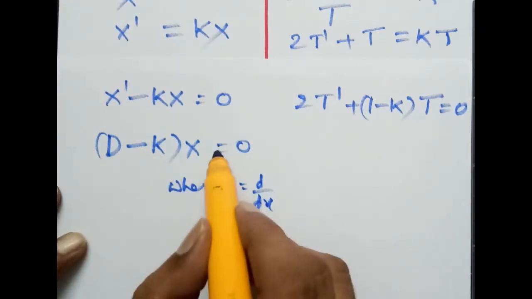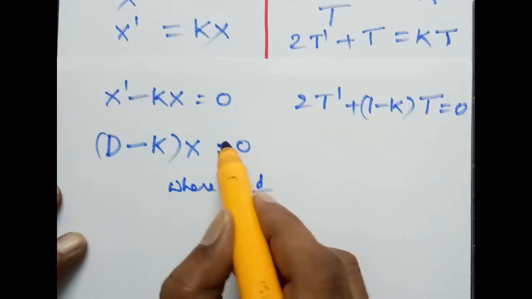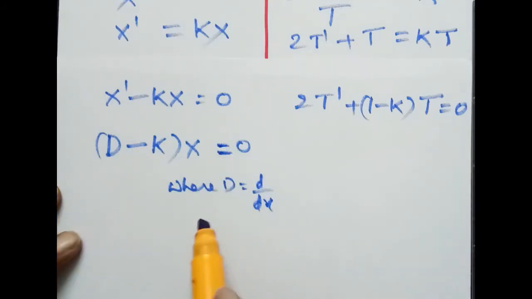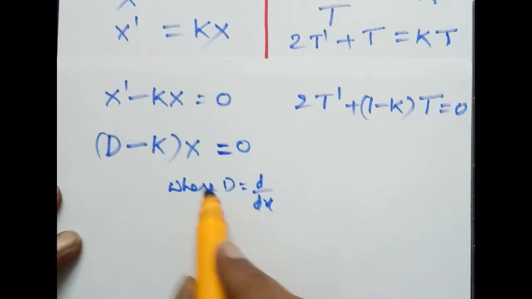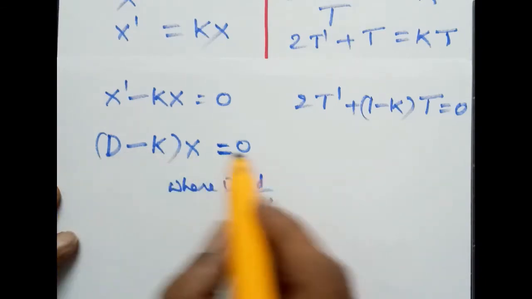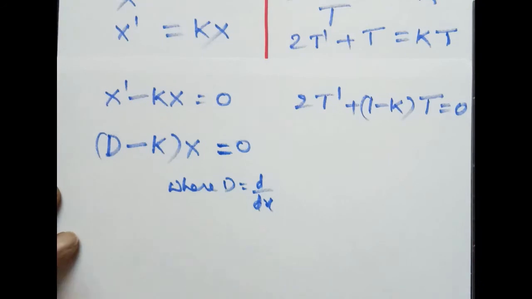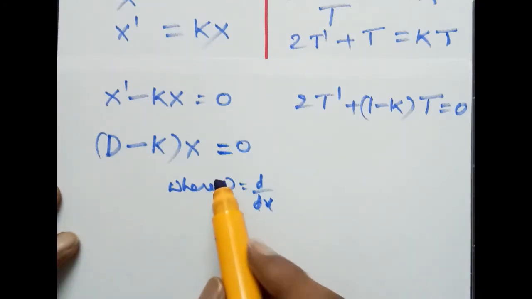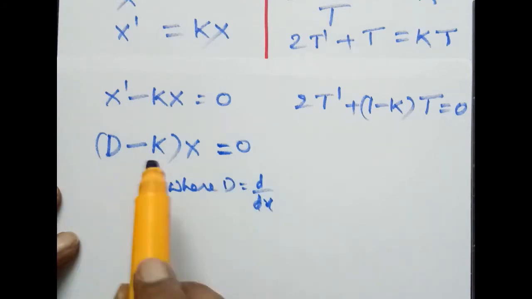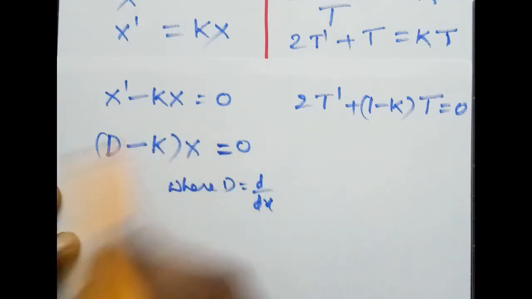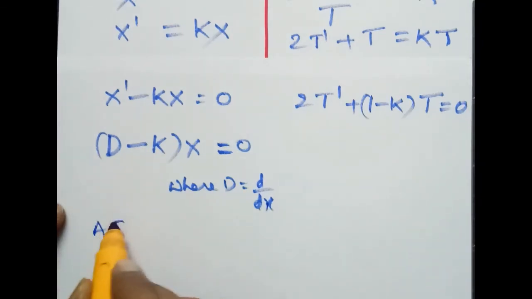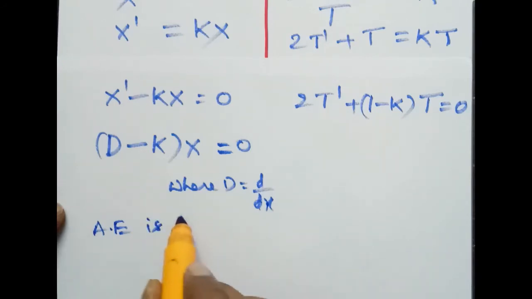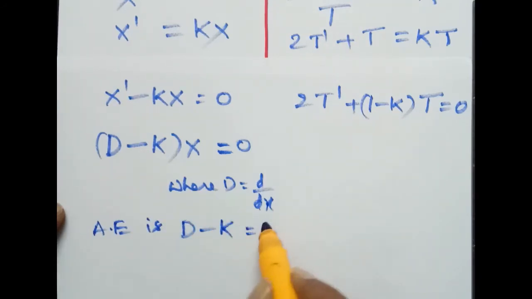Now, as we solved the homogeneous linear ordinary differential equation, we apply the same procedure here. The auxiliary equation is capital D minus k equal to 0.